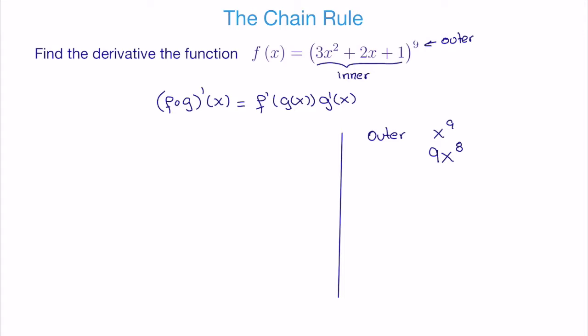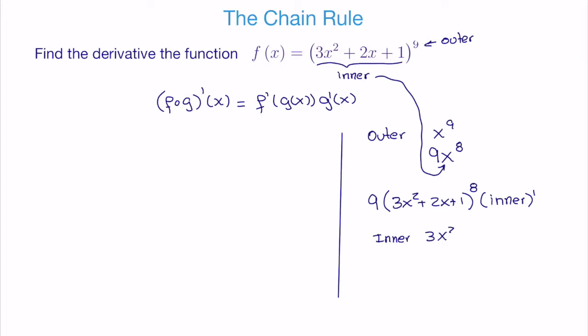Then we take the inner function and plug it inside there. So this is 9. We plug in 3x squared plus 2x plus 1. So we keep g. And then we derive the inner function and multiply. The inner function is 3x squared plus 2x plus 1. And the derivative of the inner function is 6x plus 2.